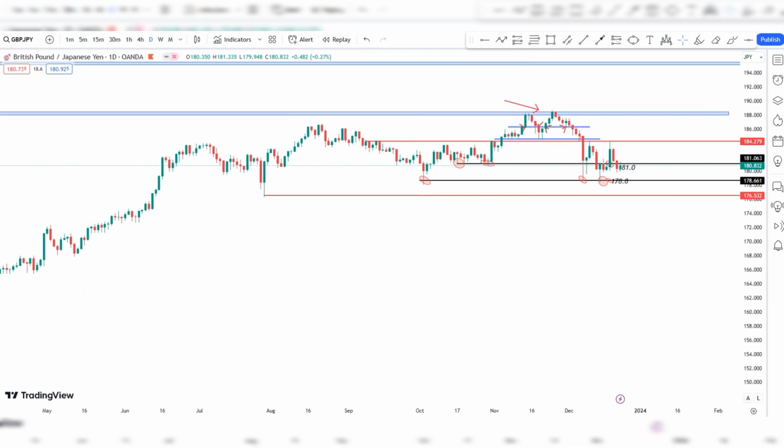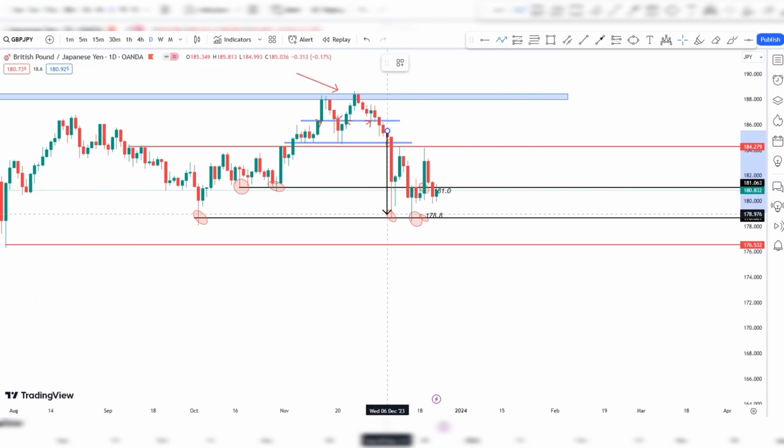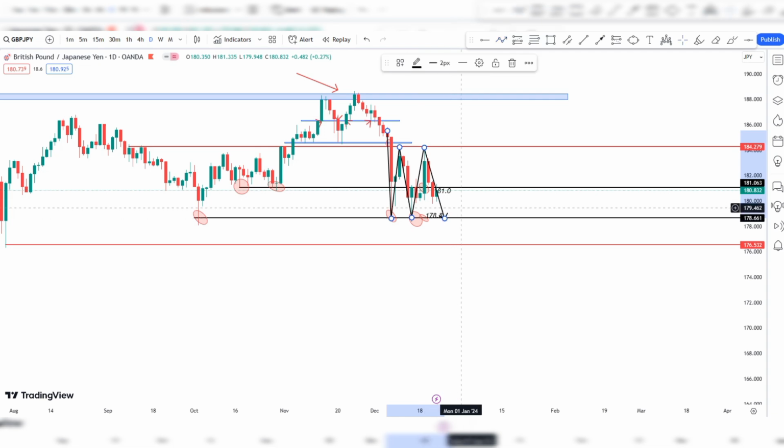And if we go to the daily time frame, we can see price ranging from the 184.3 area to the 178.8 area. We can see that range, and I'm expecting price to continue one more time back down to that level.